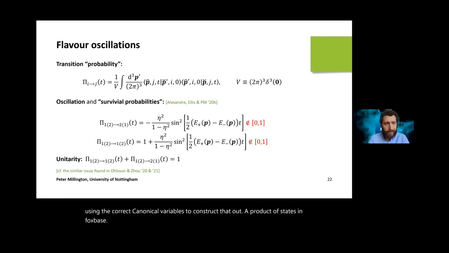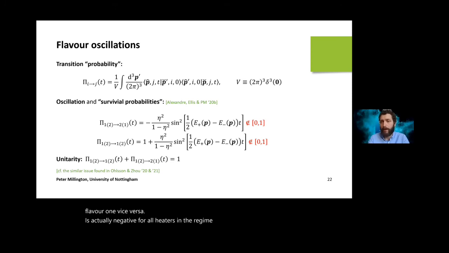But now if we calculate the oscillation and survival probabilities, then what we find is that the probability for Flavour 1 going to Flavour 2 or Flavour 2 going to Flavour 1, vice versa, is actually negative for all etas in the regime of unbroken PT symmetry. And that's clearly a problem, right? We have a probability that's not between 0 and 1.